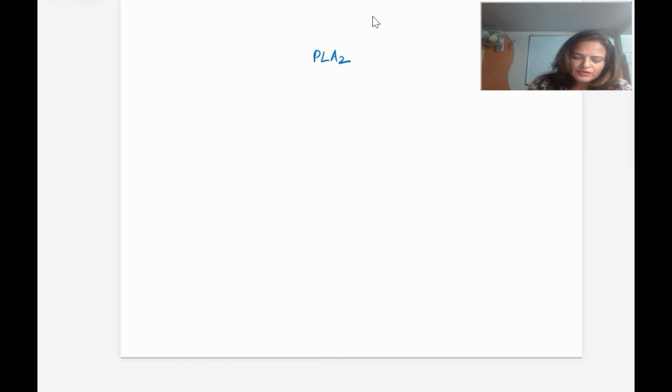Now what is the action of phospholipase A2? It converts membrane phospholipid into arachidonic acid, and the corticosteroids inhibit this.